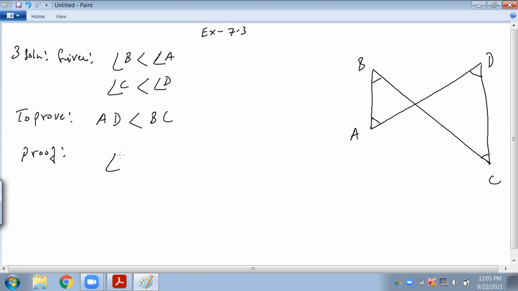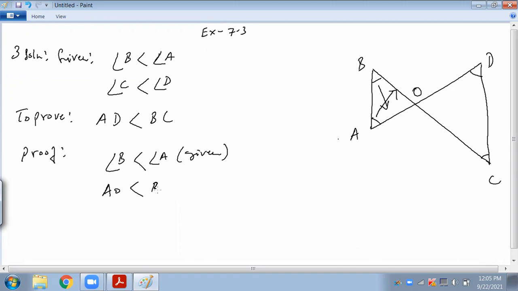We'll start with the given. Angle B is less than angle A is given. So see the triangle where it is. Angle A and B are angles of this triangle AOB. Now in this triangle, angle B is less than A. Opposite to B is what? AO. So we can take AO less than. Opposite to angle A is what side?